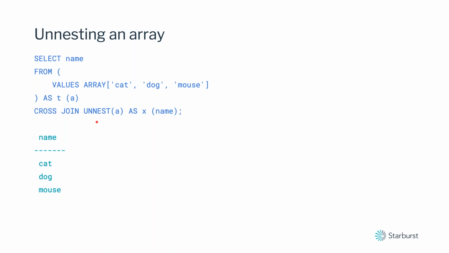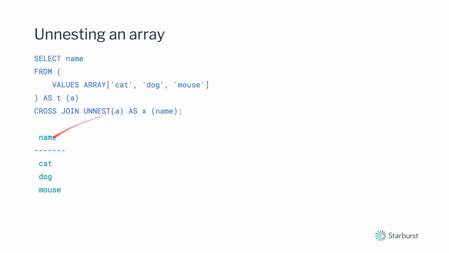Now, another thing that you'll often want to do to an array is transform it into rows. So if we have an array of strings, cat, dog, and mouse, we want to unnest it, which is transform it into rows where each element becomes a single row in the output.